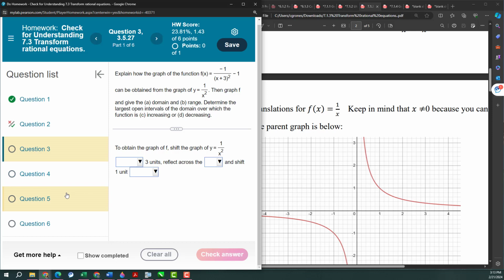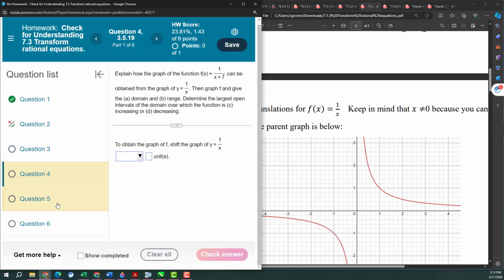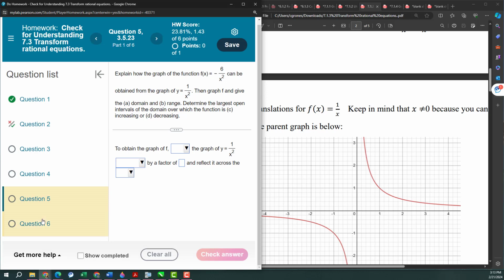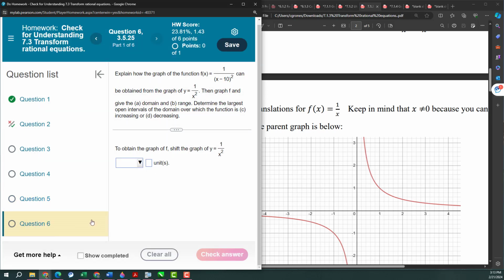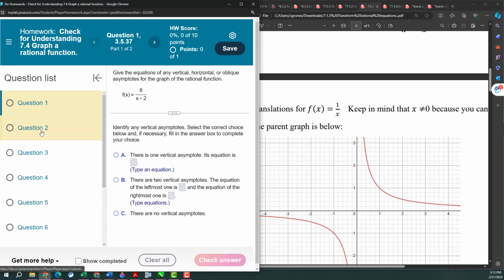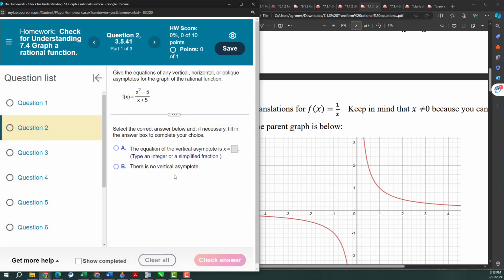Number 3, I'm not going to look at that one. Alright. So that is it for 7.3. The rest of the test questions come from 7.4, I'm going to look at number 2.